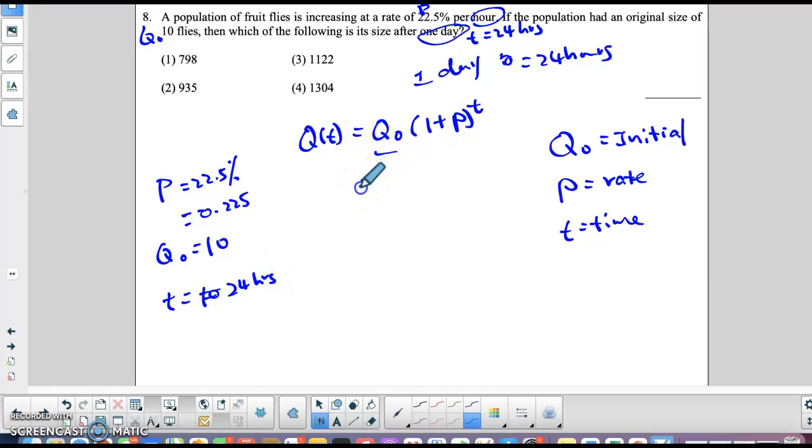Alright, so let's substitute Q of 0 with the 10. 1 plus P, 0.225, you raise it to 24 hours. Enter everything into your calculator. Your answer should be 4. Okay, next one.